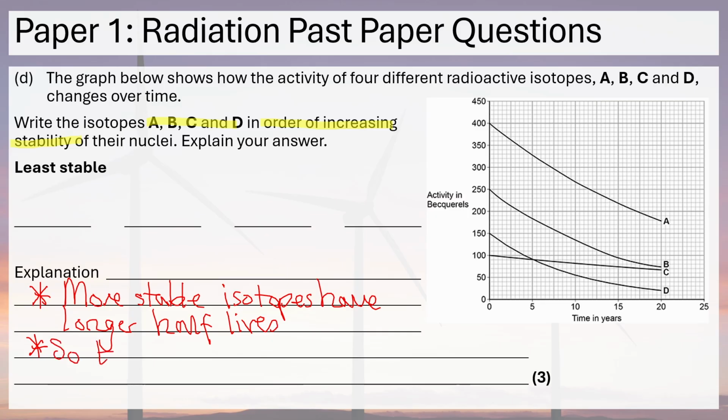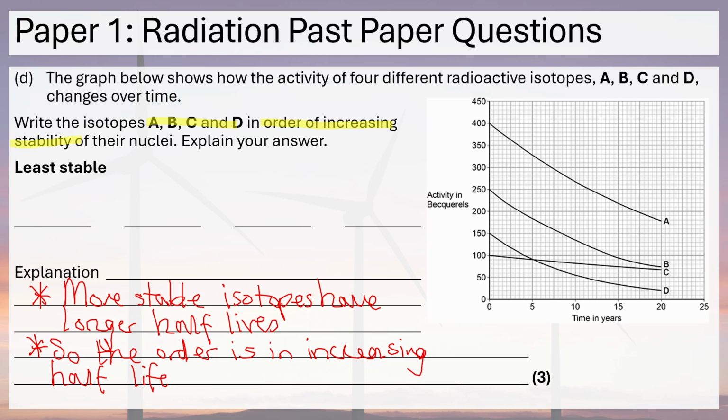So the order is in increasing half-life. So there's the 2 parts of the explanation. Now I need to work out which one is which. And at least now, if I interpret the graph incorrectly, I'm still getting the 2 explanation marks.